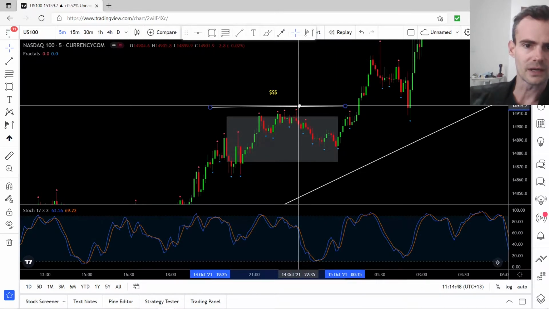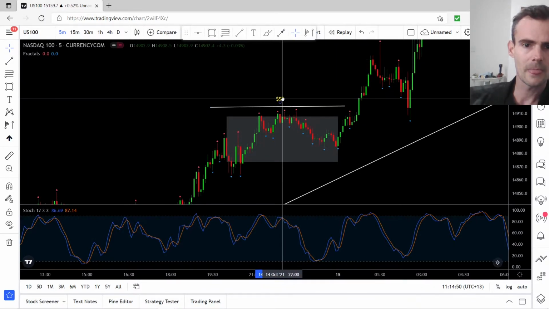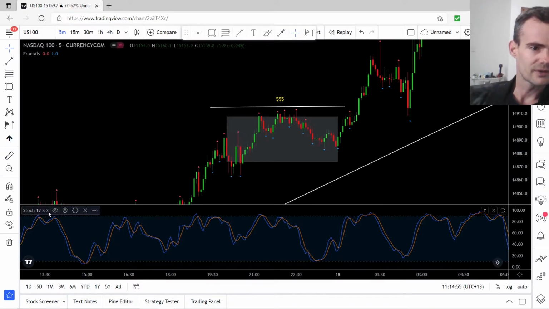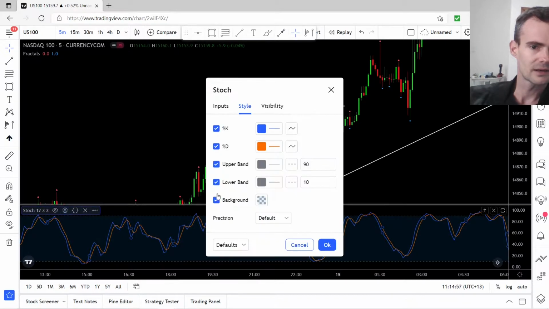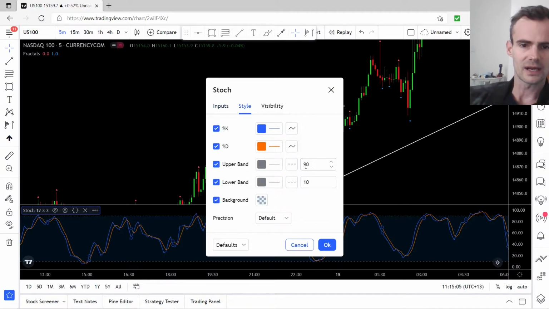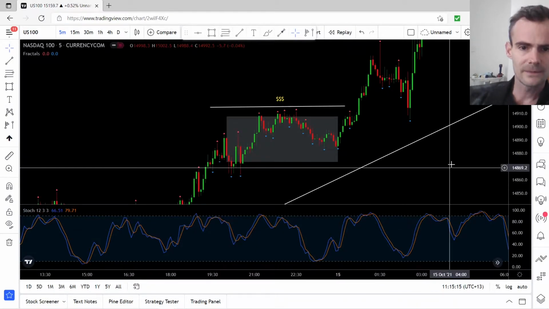Let me just bring it lower down. Okay, so I use the stochastic. I've got a 1233 standard stochastic. The inputs, I've got it as 1233. Sometimes I use an 1133, but I like to use this 1233. And I've got a 90 level and a 10 level. Okay, so this is just your standard stochastic that you can get from the indicators. So just have your settings like this on it.